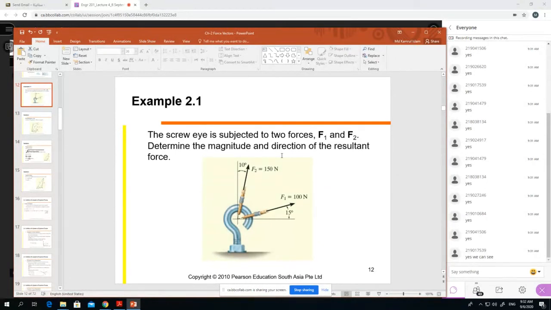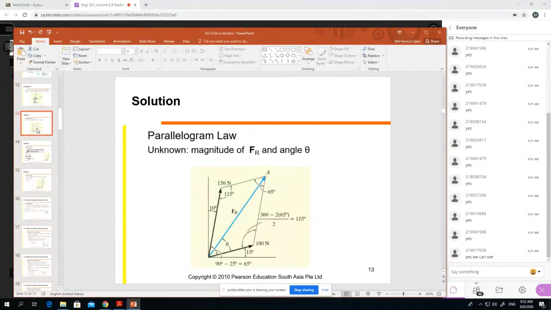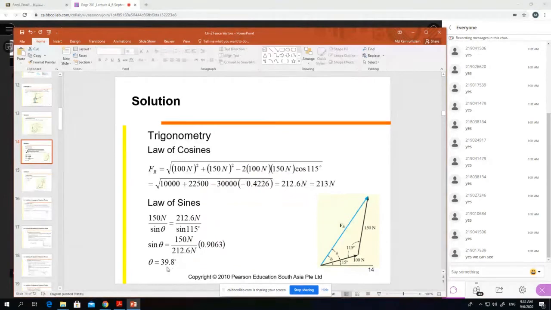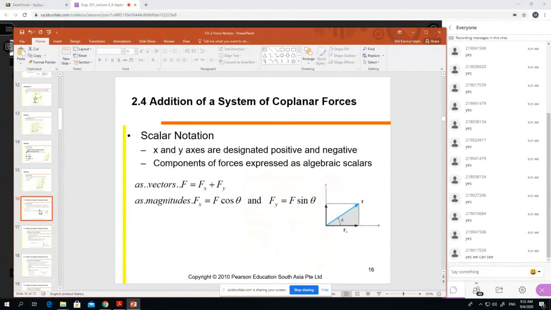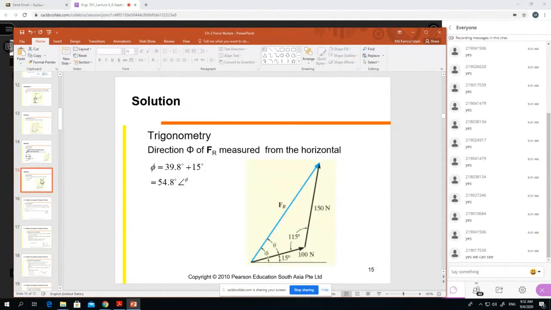Then we applied the law of parallelogram and the formula, and found theta equal to 39.8, but finally we said that theta has to be calculated from the x-axis, so we calculated 39.8 plus 15 degrees, and our result was 54.6 degrees. Okay, does anyone have any question on that problem?